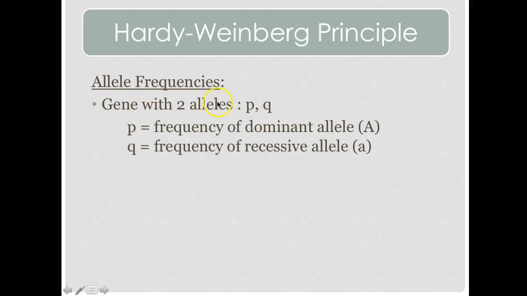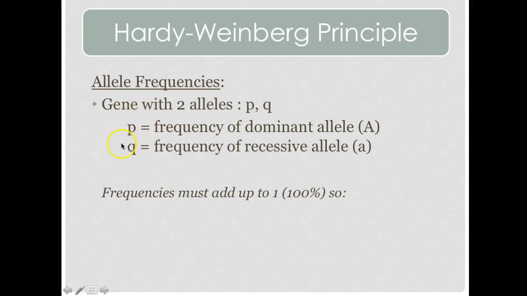All of them have to do with two letters, the two big letters, P and Q. They're variables, but they're specific variables. P is always going to represent the dominant allele, and Q is always going to represent the recessive allele, in its frequency, so percentages.